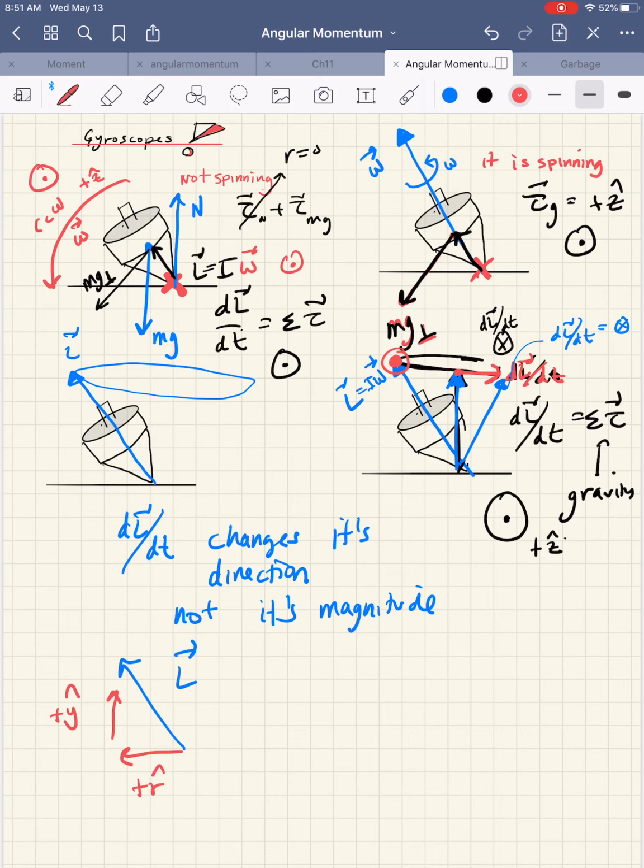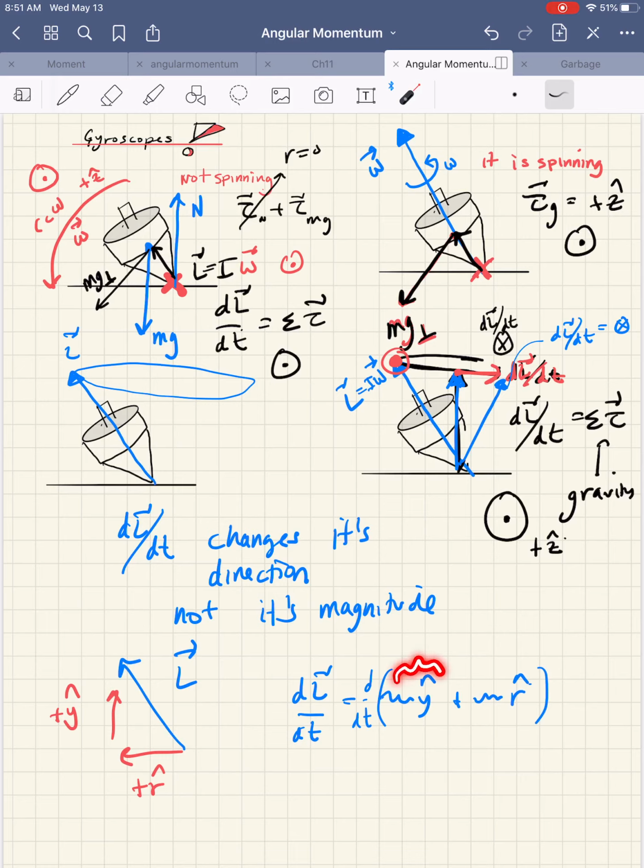I know it's radial because if I was on this side, the radial direction, here it is still radially outward. Here it's radially outward. And if I think about dL/dt, L would have some component in the y hat plus some component in the radial direction. And so I take a time derivative of both of them.